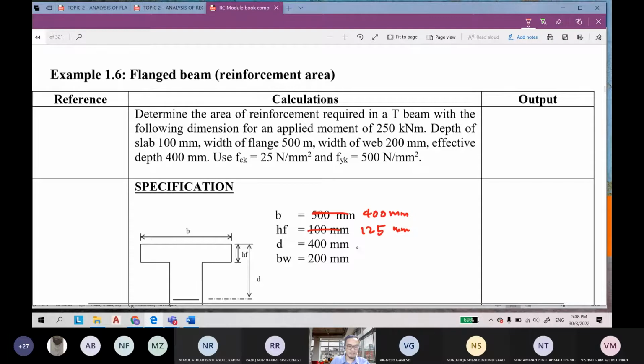The D is still 400 mm and the BW is also 200 mm, as in the example. And the applied moment is 250 kilonewton meter.